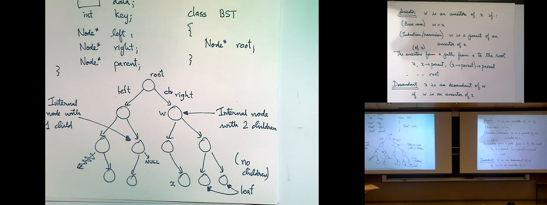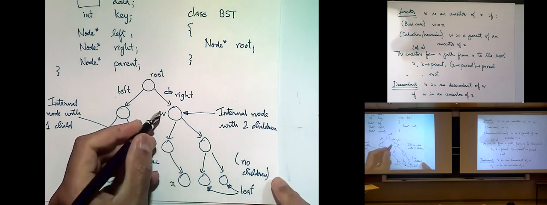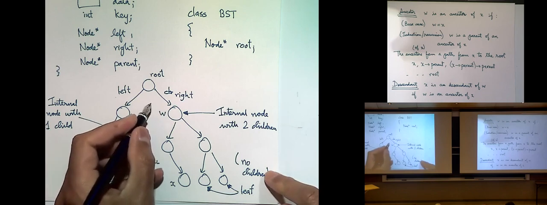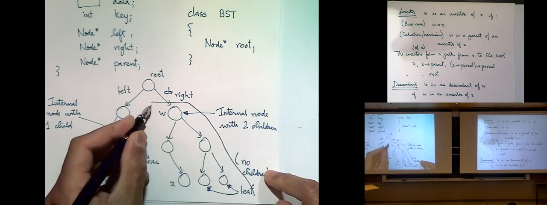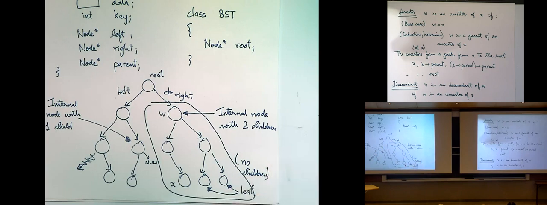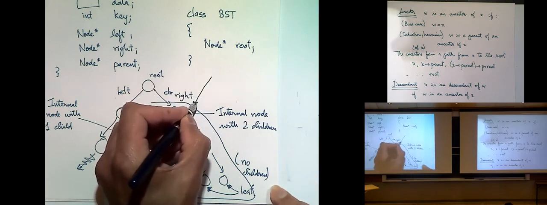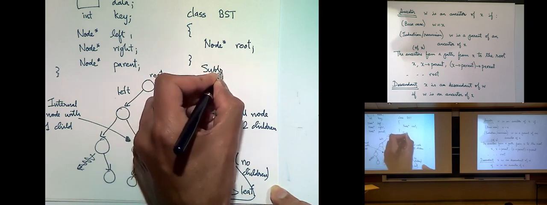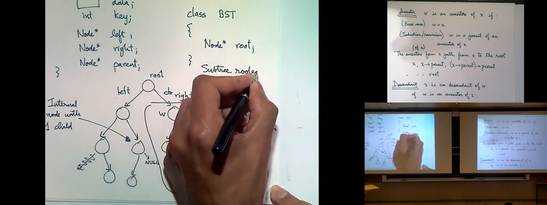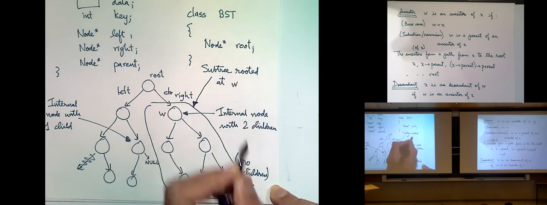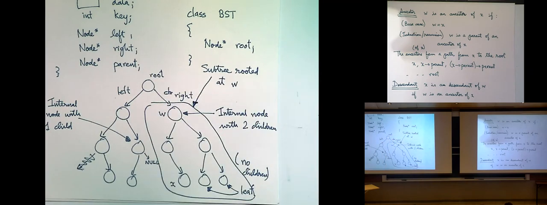Now we have a notion. So let's take this node W, and let me look at that part of the tree. This has a name. This is called the subtree rooted at W. So I'm looking at all of these nodes here, everything here, starting from W and following the arrows downwards.